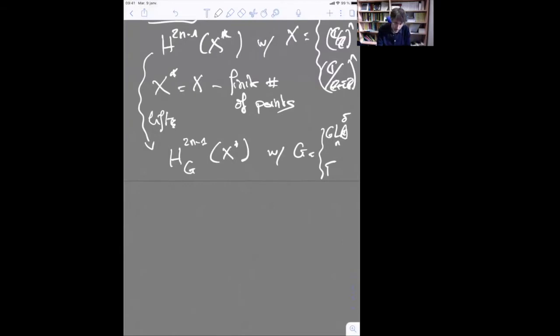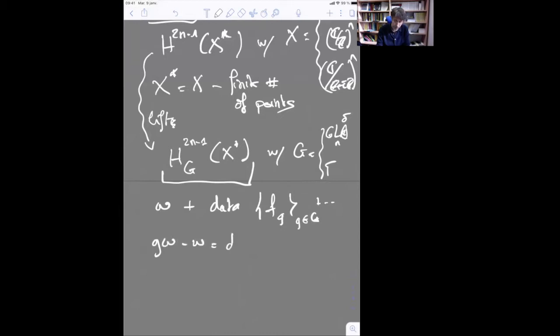And again, as I explained last time, an equivariant class is something like a class of cohomology omega plus the data f_g, plus more, so that g omega minus omega is d of f_g, and f_{g1 g2} minus f_{g1} minus f_{g2} is d of something else, and so on.